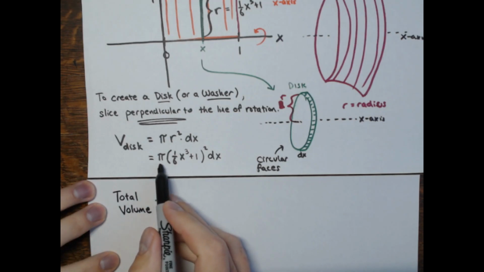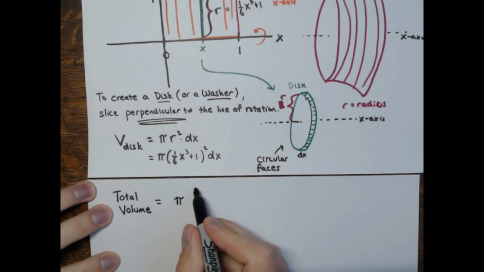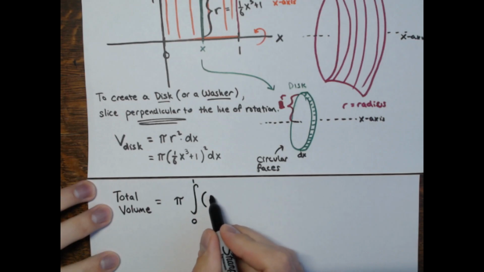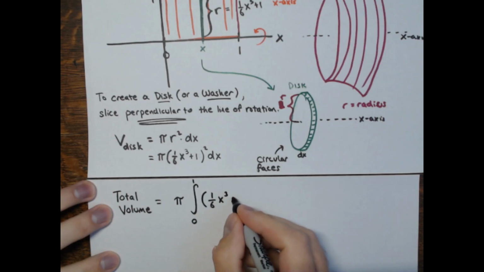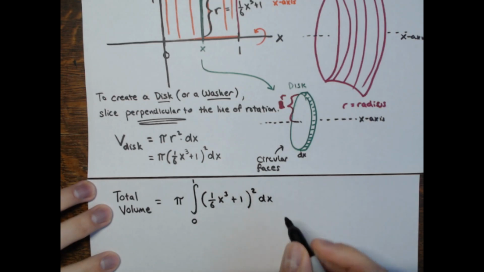Because there's this pi here already, a constant multiple, pull that out. All right, so pi times the integral from 0 to 1 of the radius squared, 1/6 x cubed, or x cubed over 6, plus 1 squared, dx. And now we'd have to multiply this out, polynomial, and then integrate.